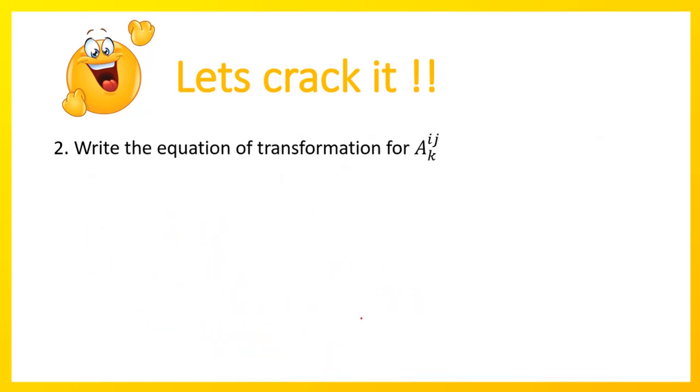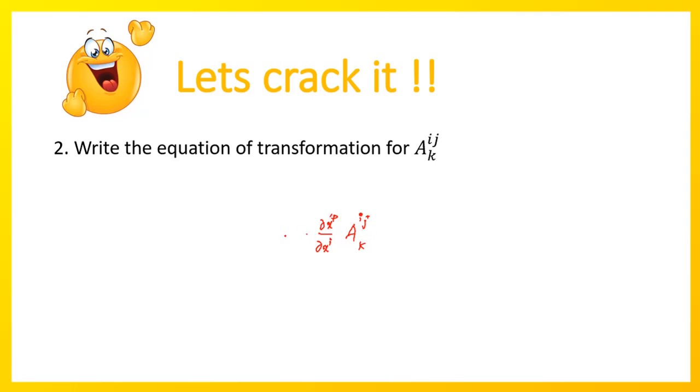Now let's move on. Write the equation of transformation of Aijk. Okay, let's write that. In Aijk, i varies contravariantly, j varies contravariantly, whereas k varies covariantly. So if i varies contravariantly, what I can write is dou xi, varying contravariantly according to some other coordinate, say p dash.